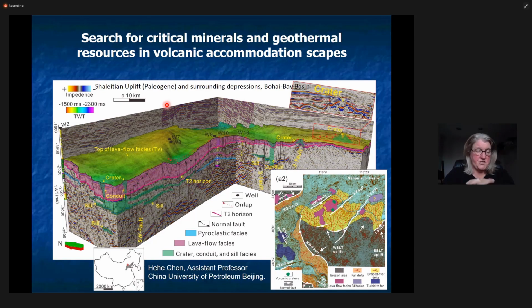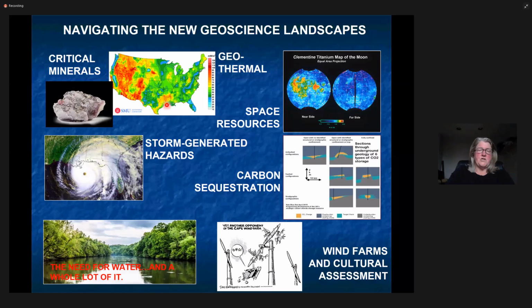This is from Chin, once again, the boys out there doing some stuff now. This is a paper that he's preparing on seismic geomorphology, the accommodation of volcanic landscapes. These are the type of areas that we'll be searching for in the future to understand geothermal energy and critical mineral distributions.